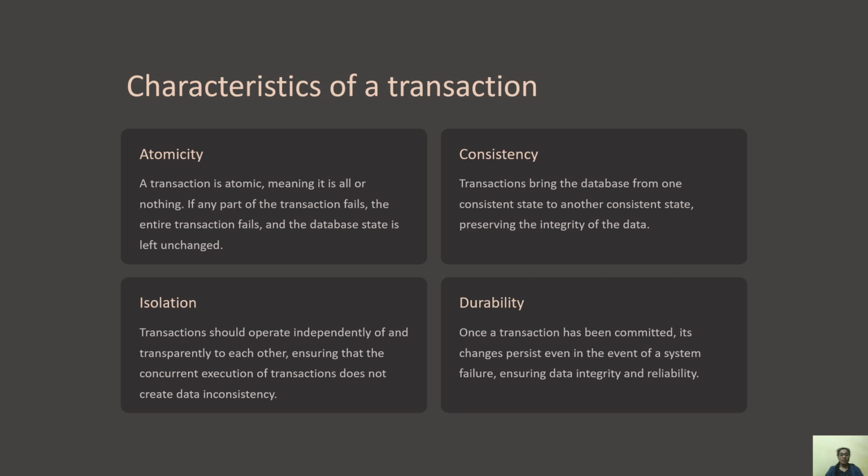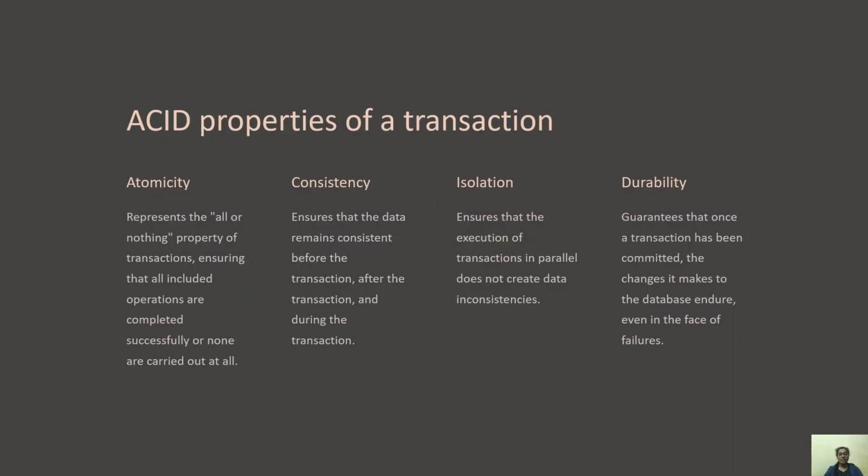Isolation: transactions should operate independently of and transparently to each other, ensuring that the concurrent execution of transactions does not create data inconsistency. Durability: once a transaction has been committed, its changes persist even in the event of a system failure, ensuring data integrity and reliability.